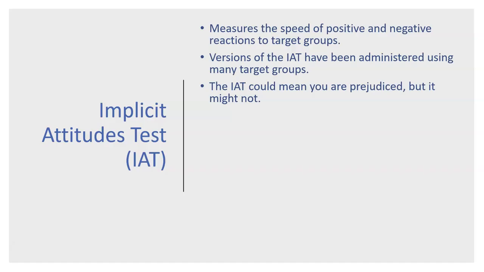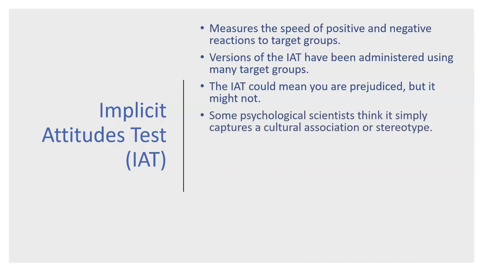Now, IAT results could mean, and this is where we circle back around to, what can the IAT tell you and what can't it tell you? It can suggest that you actually are prejudiced and you know it, but it might not. So let's keep digging. Some psychological scientists say that what the IAT actually captures is cultural stereotypes.